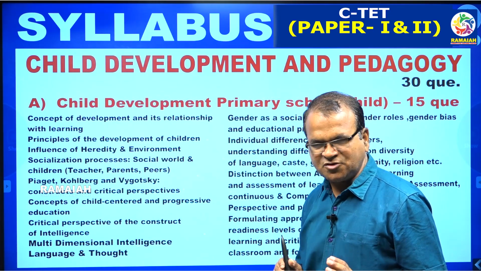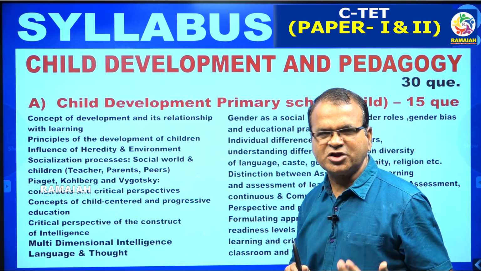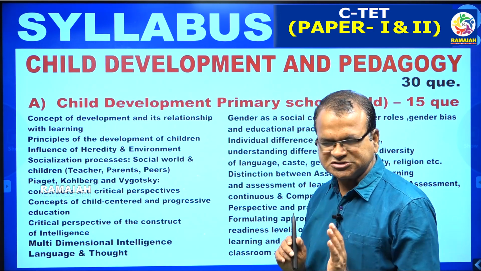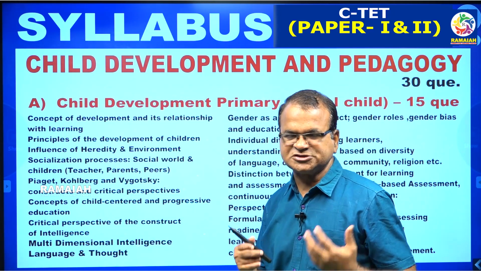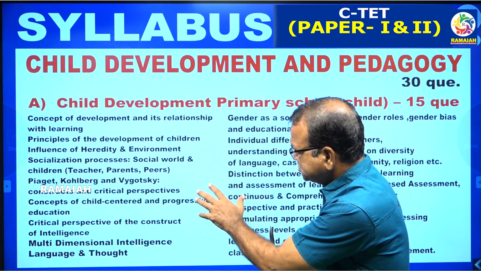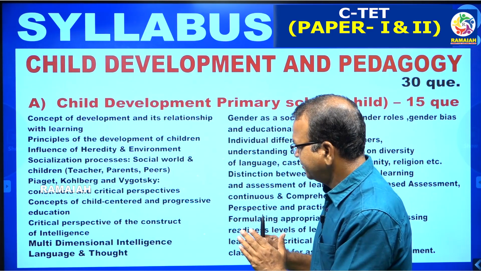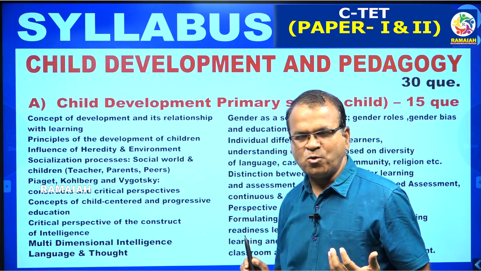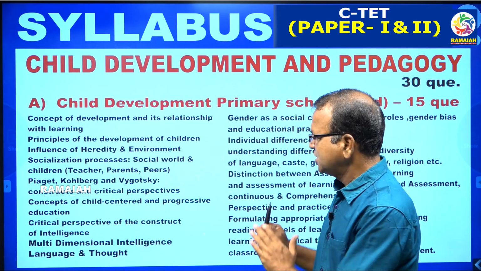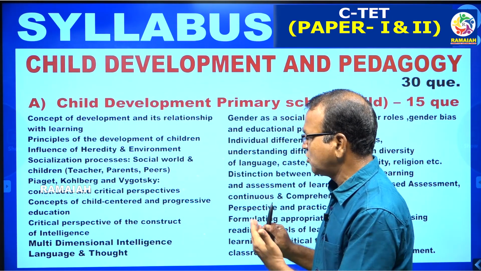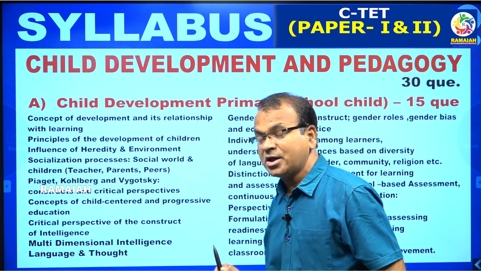Particularly, the process of socialization is very, very important to understand child psychology as well as the child's sociological process. In the process of socialization, how teachers, parents and peers play their role to influence children. We can understand these things with the constructive thoughts of Jean Piaget, Kohlberg and Vygotsky.